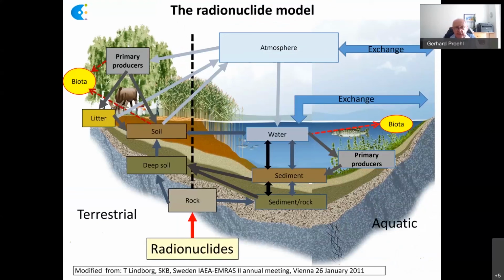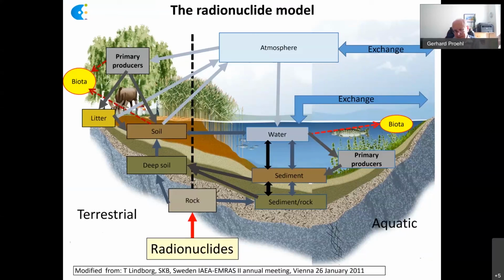Here you see a scheme of the underlying radionuclide model. Radionuclides come from the underground, they migrate through the rock, they come to the deep soil, to the soil, and to the litter. You may have producers, and using the soil for agriculture may cause dose to people.